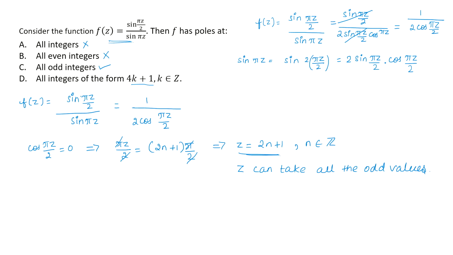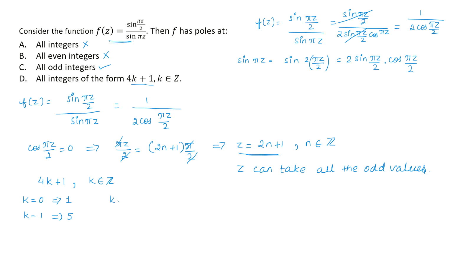For the fourth option, let us see whether this can be true or not. The fourth option says all the integers of the form 4k+1, where k belongs to ℤ. Let us put k = 0. This gives us the value 1. If I put k = 1, this gives me 4+1 = 5.